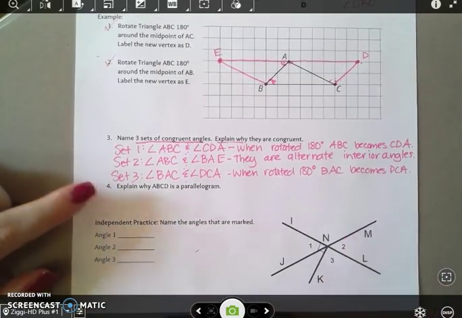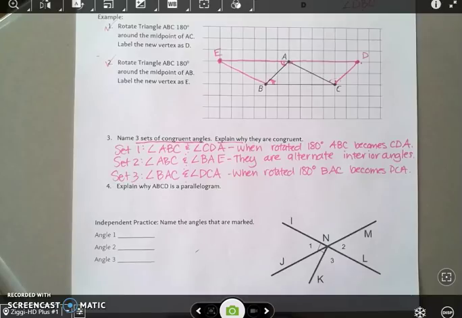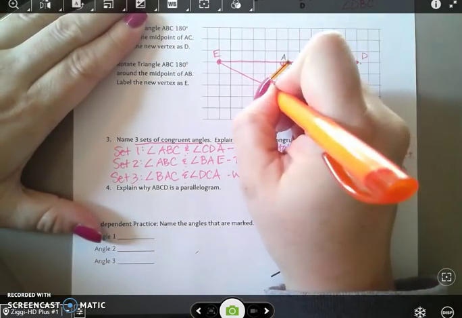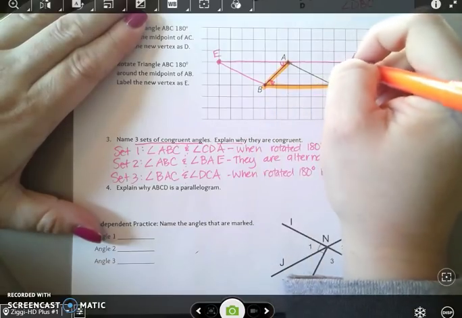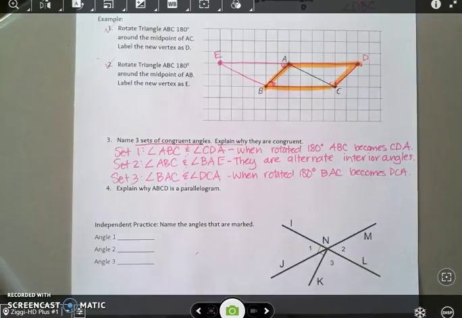Okay, so number 4, explain why ABCD is a parallelogram. So remember from video 1, a parallelogram has to have opposite sides that are parallel. Well, let's look. We have A, B, C, and D. So that's the shape we're talking about that I've highlighted.